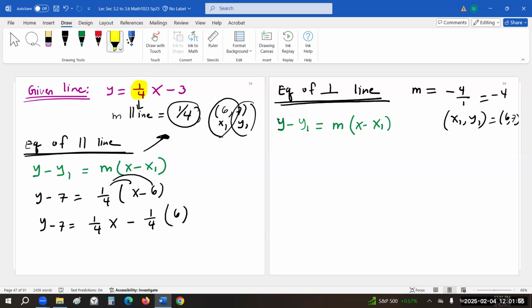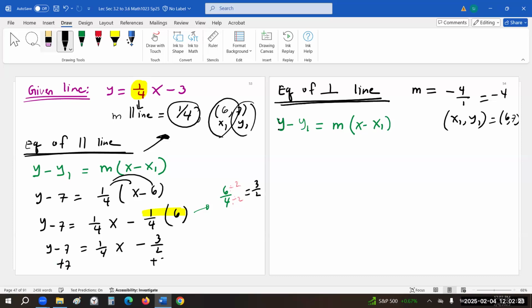Now 1/4 of 6 means you're multiplying 6 and 1. So you get 6/4. Can you reduce that? They both are divisible by 2. So it simply becomes 3/2. So we have y minus 7 equals 1/4 of x minus 3/2.